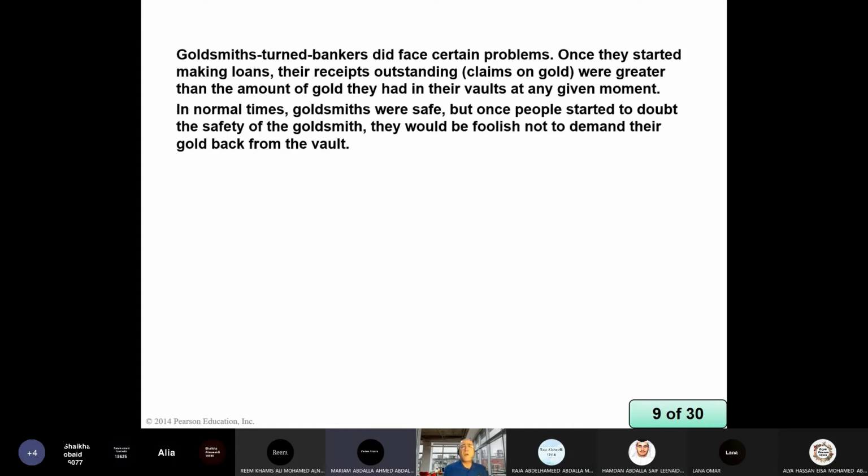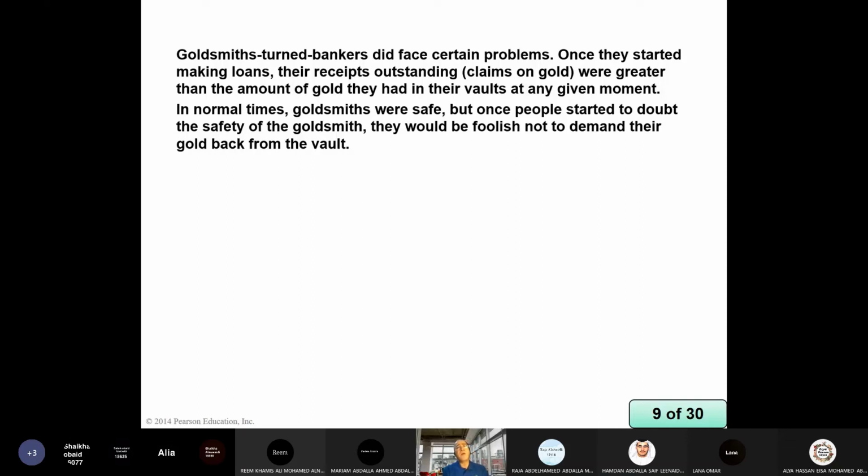Okay, so what's the meaning of wallet? The boxes to keep gold with the goldsmiths. So wallet is a safe box to store the gold.